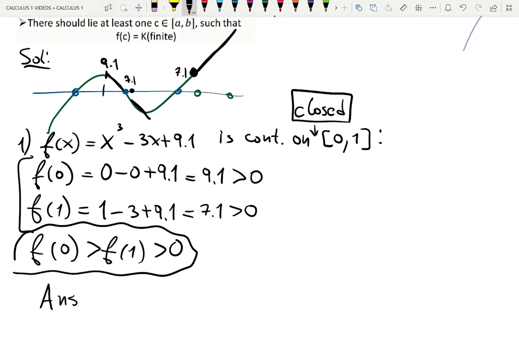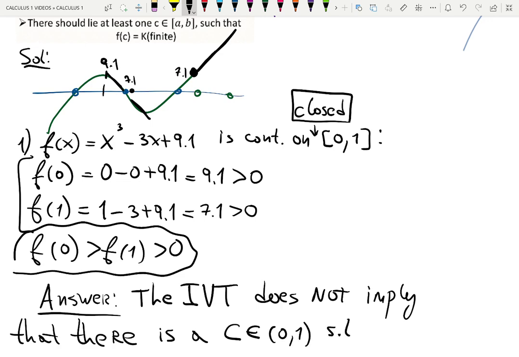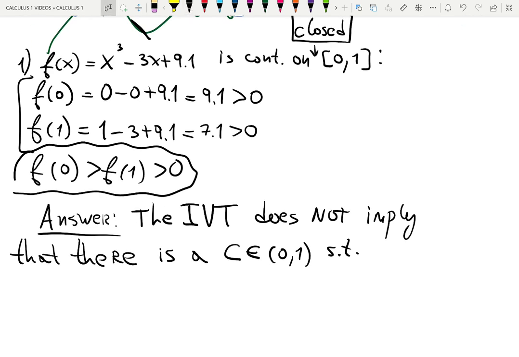Answer: on the given interval, the intermediate value theorem does not imply that there is a number c on the given interval from 0 to 1 such that f of c is 0.